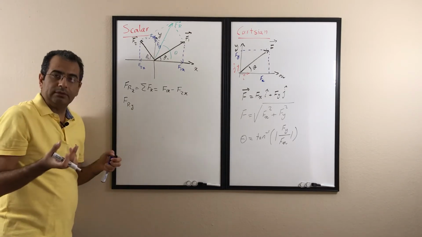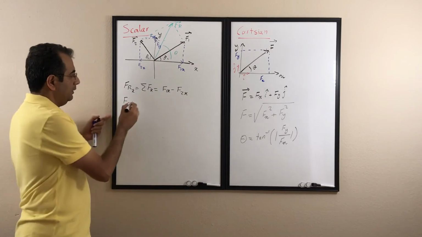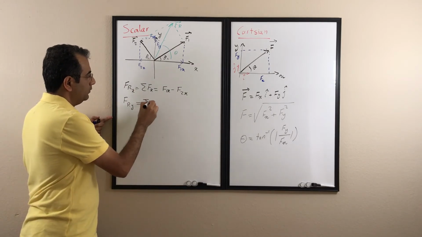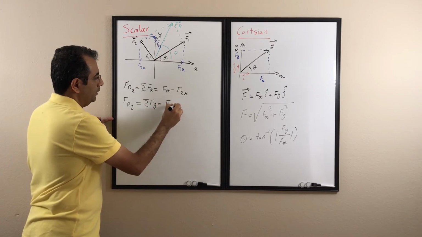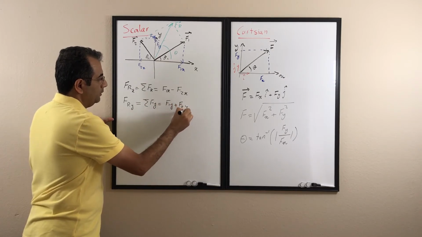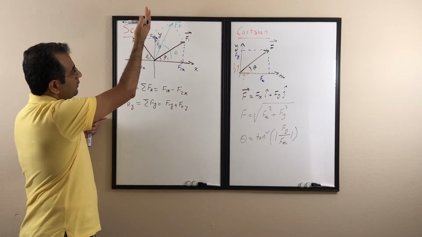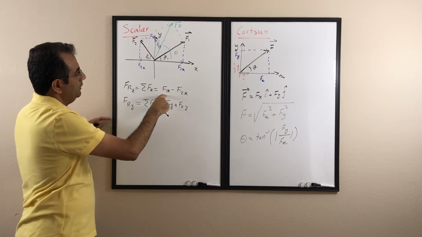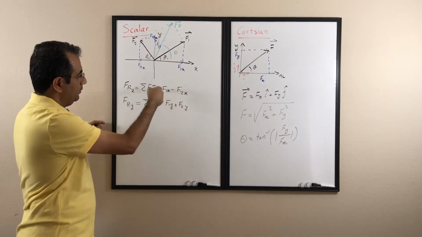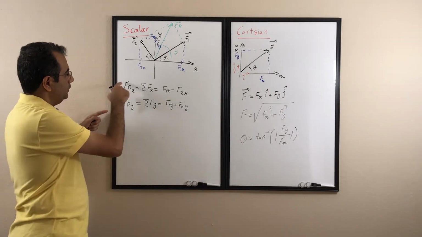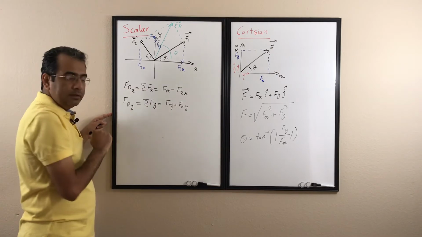The component of resultant force in the y direction, you just add all the components in the y direction. So it's going to be F1y plus F2y. Both F1y and F2y are in the positive y direction, so we add them together. But here F1x and F2x are in the opposite direction, so we subtract the other one from this one. So these are our components on the x and y direction.